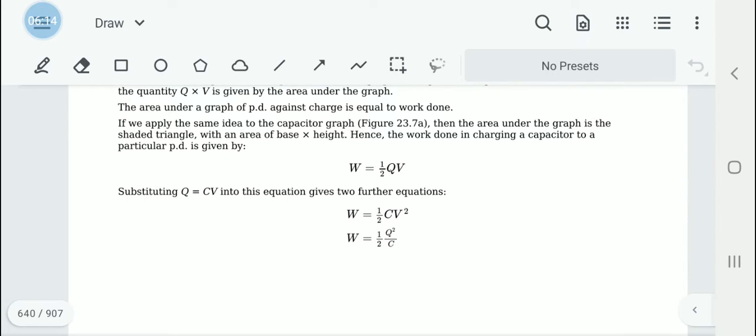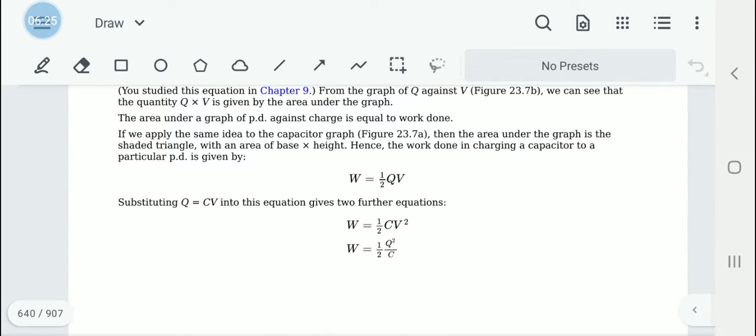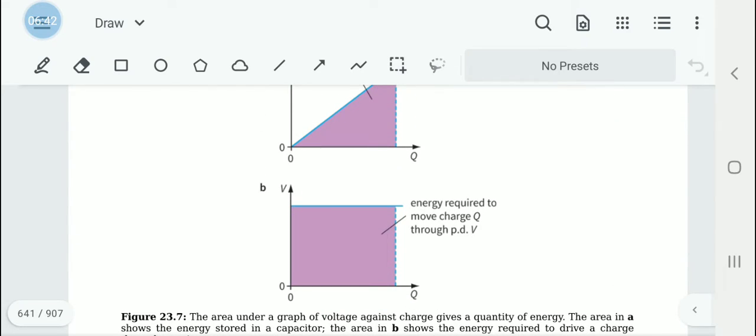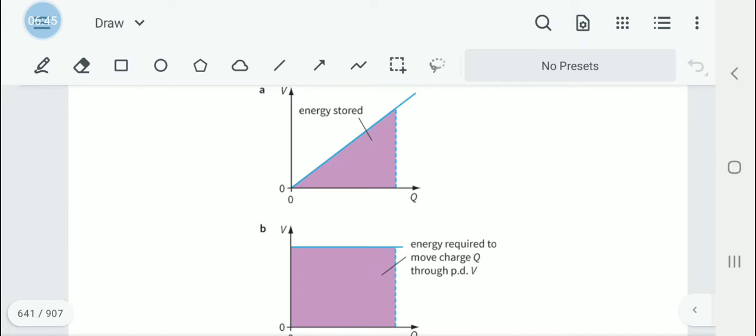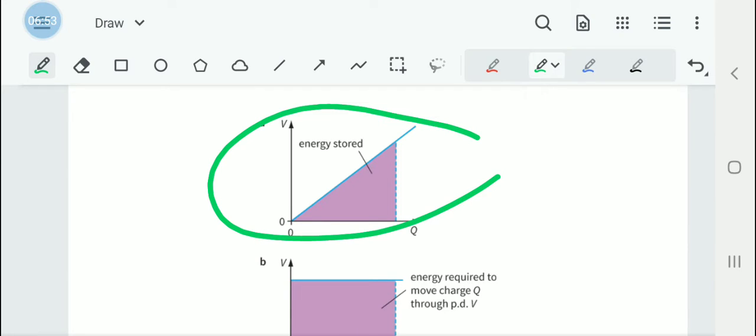Then if we substitute Q equals CV into this equation, we will see that W is equal to half CV squared, or W equals half Q squared upon C, right? So that relationship also can be taken into consideration. You can see that the energy required to move a charge of Q through a potential difference of V is this, but for a capacitor it is going to be this.